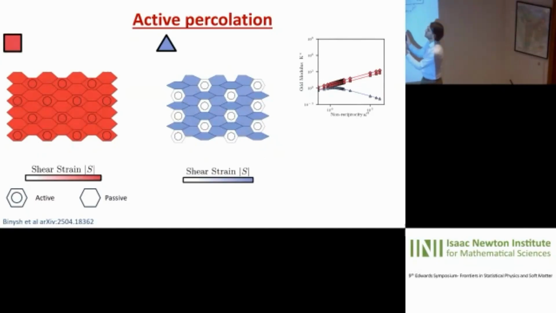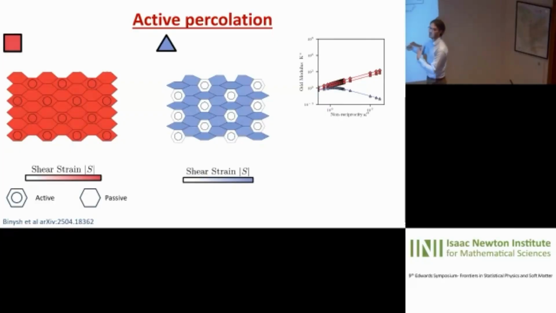And before I go into why we call this a transition at all, I wanted to say that this suggests a very basic design principle. If you want to have active mechanical metamaterials, active materials that have a macroscopic response, then what you want to do is probably to use as few robots as possible, or as few active components as possible.